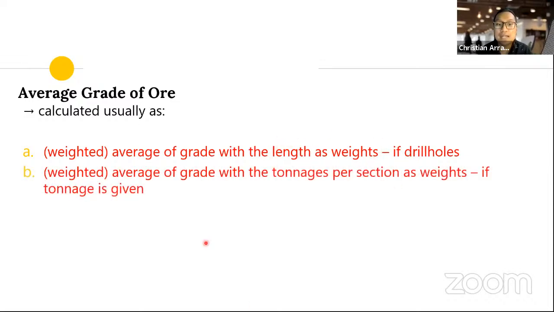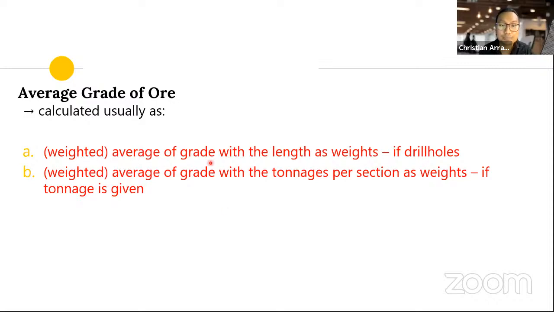Pero kapag weighted average grade with the tonnages per section is given as weights, then, if you want to get the average grade of the ore in a certain ore body na, yung buo na, dapat ang tonnages na ang iyong weights. Okay, hindi ko alam kung nagigets nyo to, no? Pero let's see the examples.